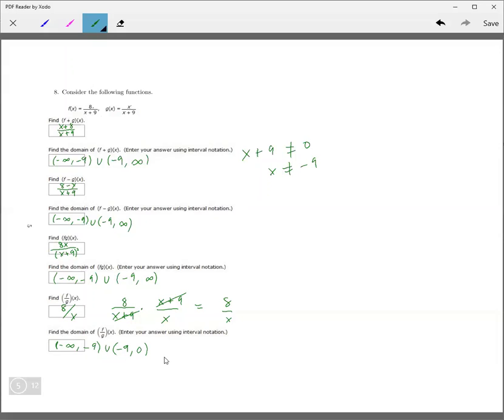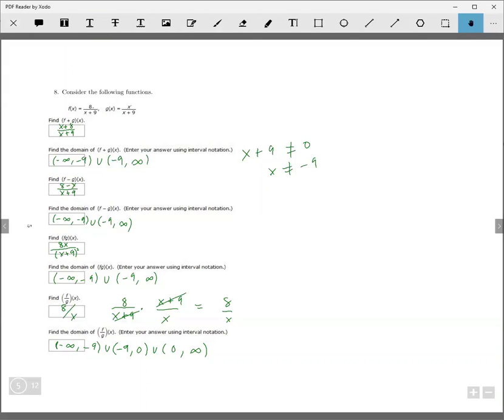So that's how we exclude the -9, and then this is how we exclude the 0. Okay, any questions about this or any previous exercises?